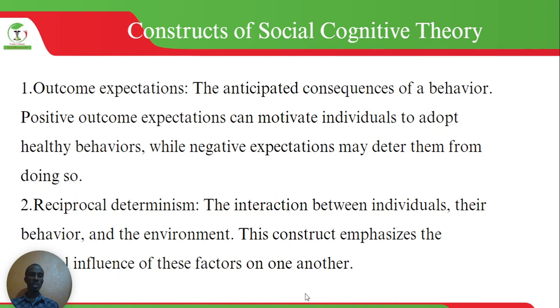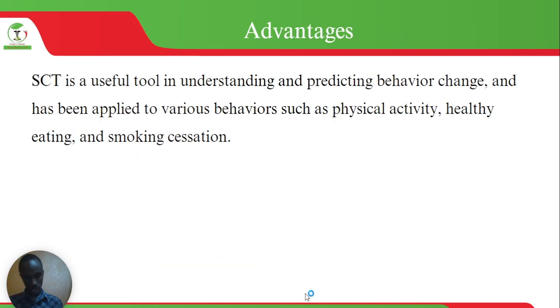So the advantages of this social cognitive theory is that it is a useful tool in determining and predicting behavior change, and it has been applied in various behavior change programs like to promote physical activity, healthy eating, and smoking cessation.